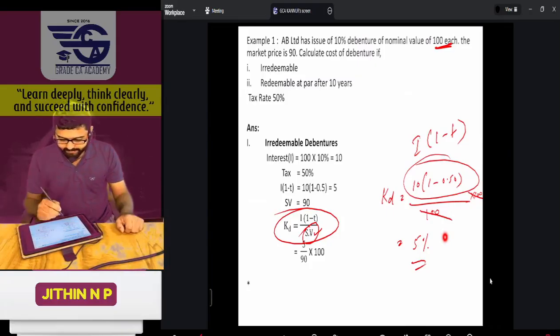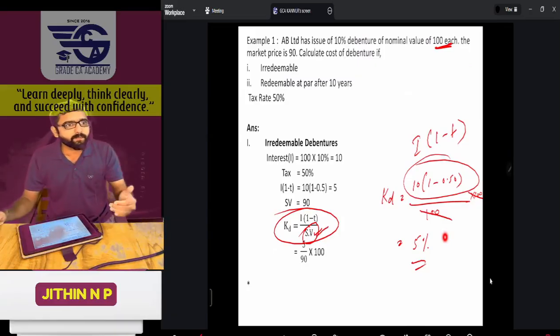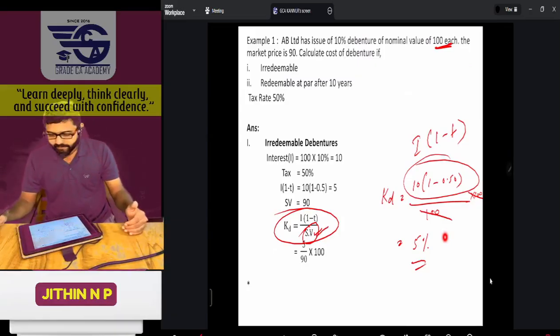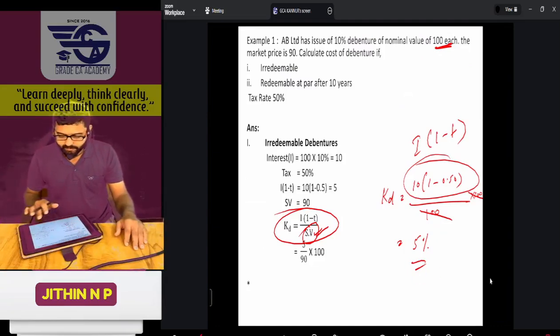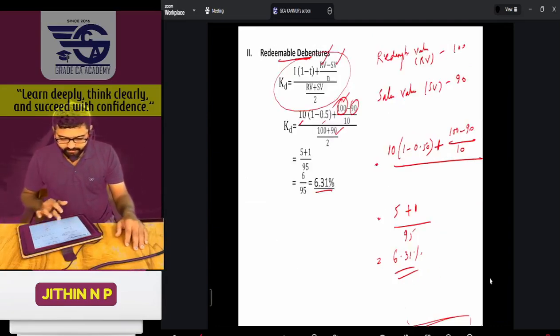If the sale value or issue price is different from face value, then you should divide by issue price minus flotation cost or cost of issue. Clear? Yes. This is KD.